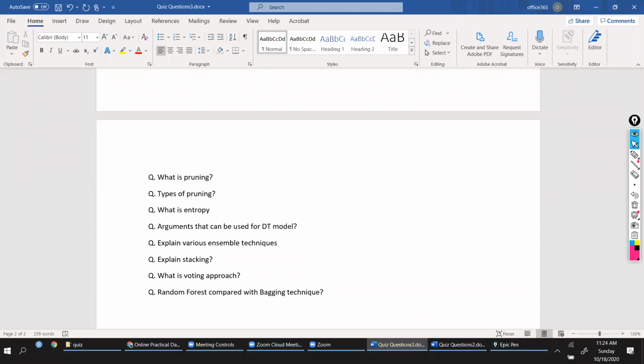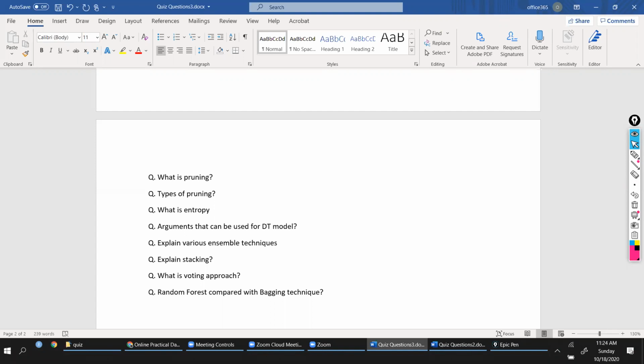Bagging is also a combination of multiple decision trees. Decision tree also has with replacement option. Reduces the overfitting problem. Bagging also does that.